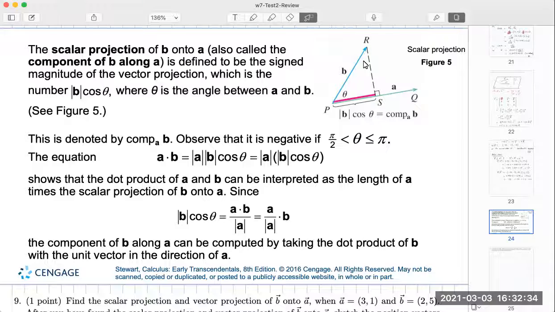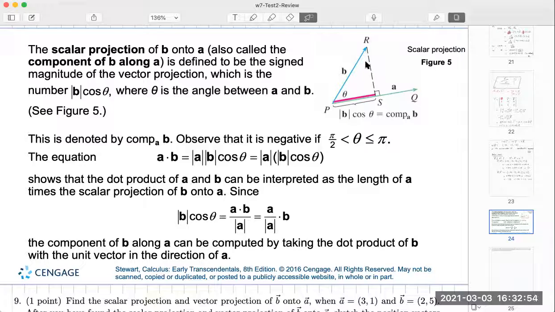You can review it. Suppose we are given vector B here, and the scalar projection of this onto the vector A will be this distance, the purple line here, right?